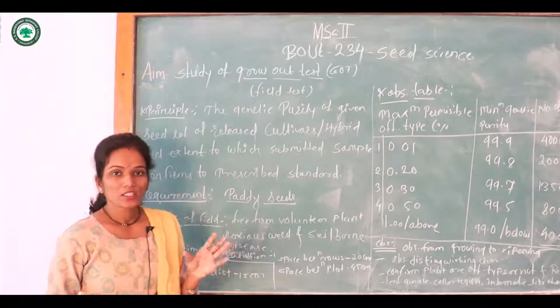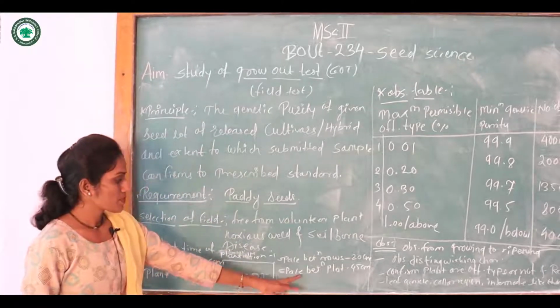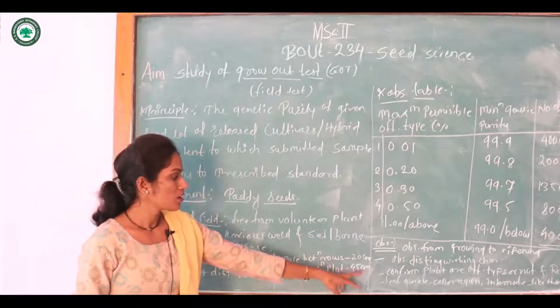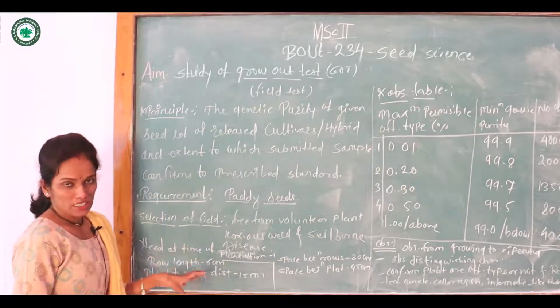When we plot different varieties or species of paddy, the space between two different plots should be 45 centimeter. This is the need at the time of plantation.